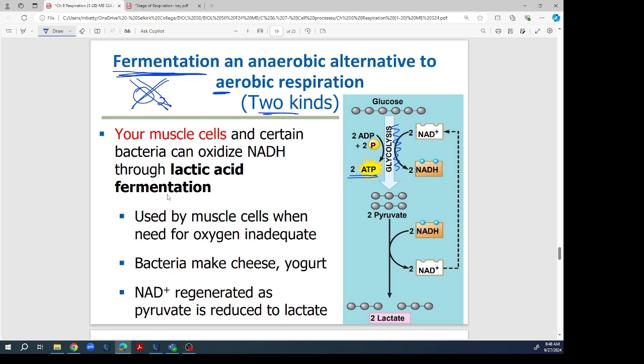We have 2 kinds of fermentation that we can talk about in Biology 50. We could talk about lactic acid fermentation or we could talk about alcohol fermentation. So your cells produce lactate or lactic acid. Remember pyruvate, pyruvic acid, citrate, citric acid.